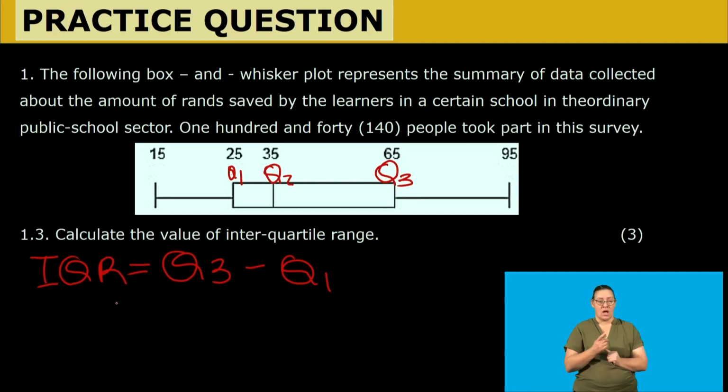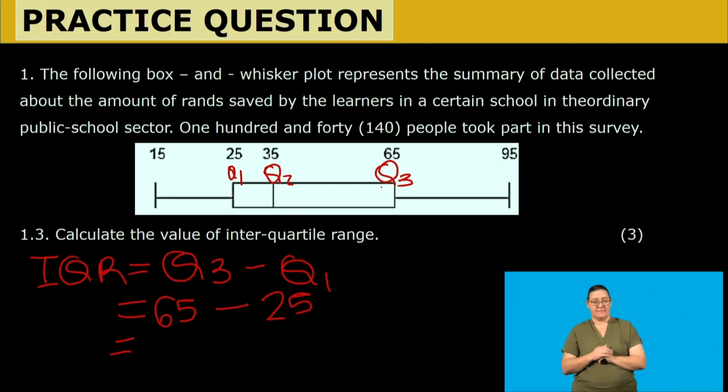And then let us now substitute into the formula. Q3, we say it is how much? It is 65 minus our Q1, it's how much? It is 25. Let us take out our calculators and say now Q3 minus Q1, the answer is what? 20. I am getting 20 as the value of the interquartile range.